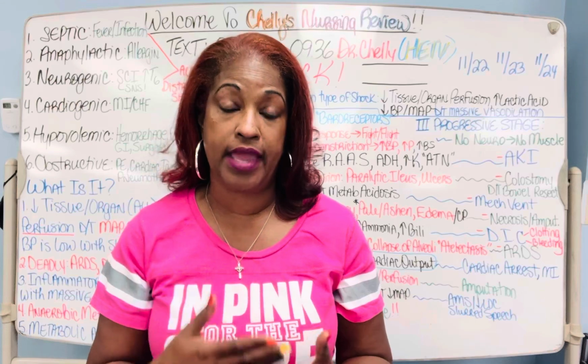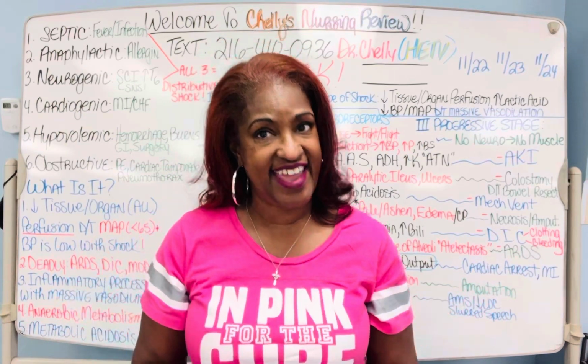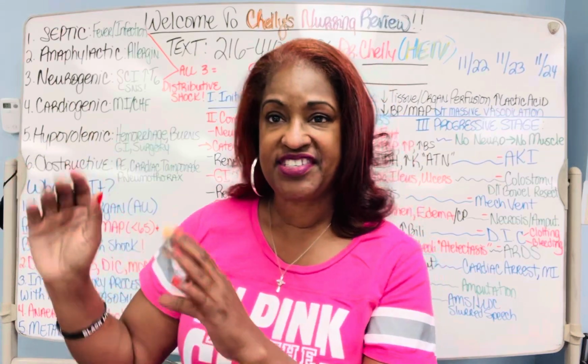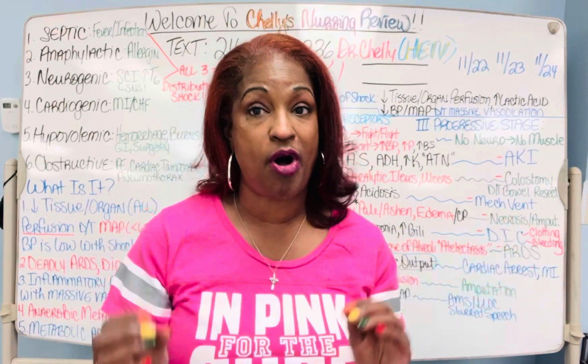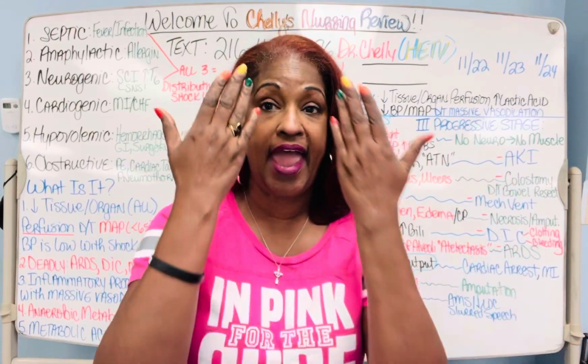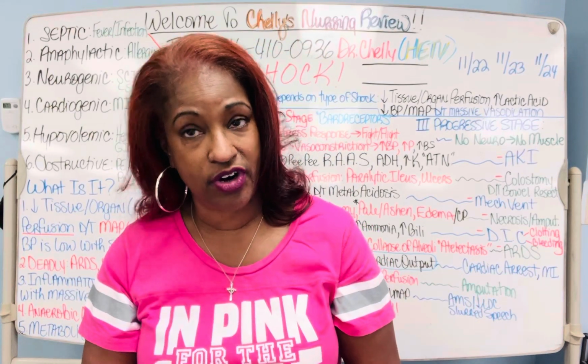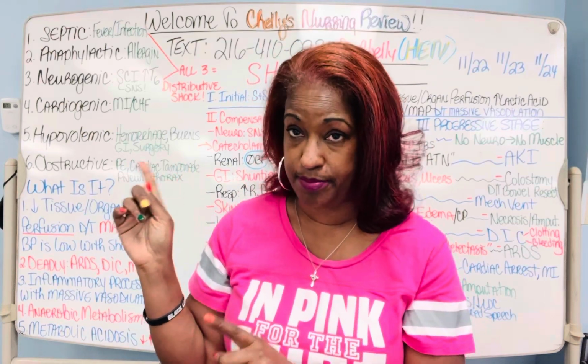That is the way this shock differs from all the others. I'm going to say that again. The way septic shock differs from all the others is that the skin is warm and red or flushed, and the white blood count will be high and the fever, especially in the early stages of septic shock.